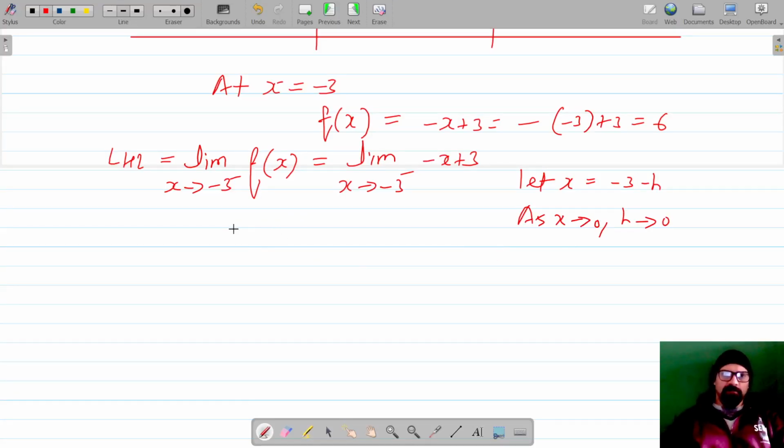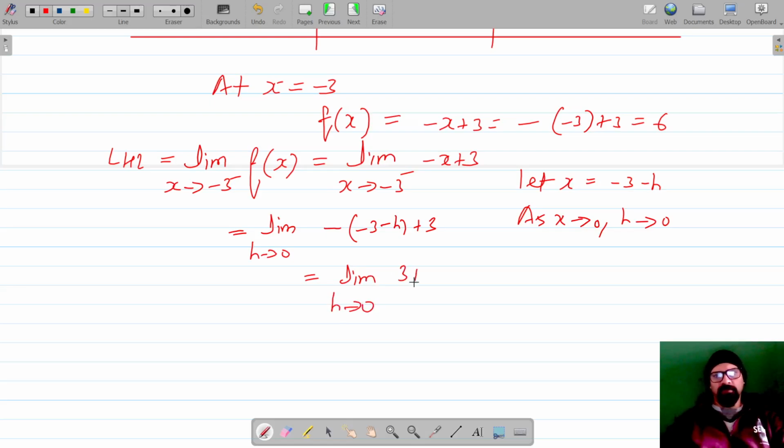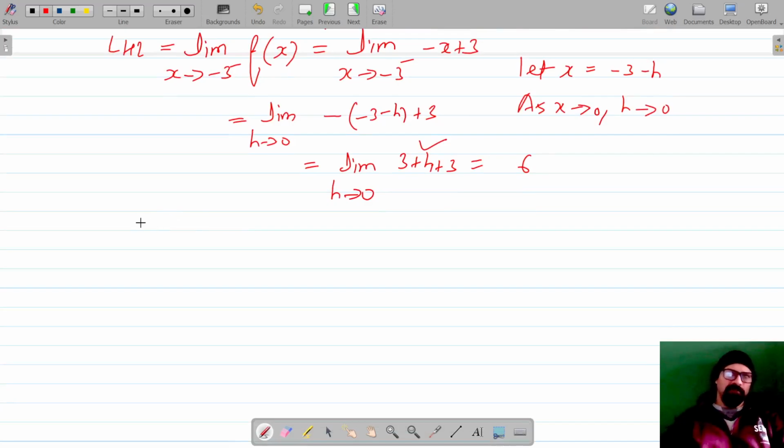So I can write this limit now in terms of h, that is limit h tends to 0, negative x, and x is negative 3 minus h, plus 3, which gives me limit h tends to 0, 3 plus h plus 3, and taking the limit, putting h equal to 0, which gives me the value 6. Let's find out the right hand limit.